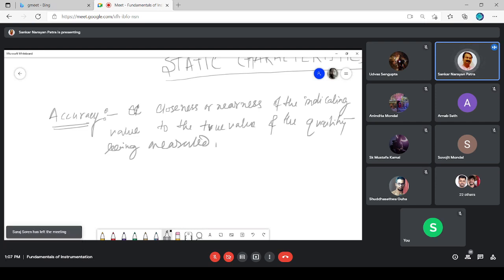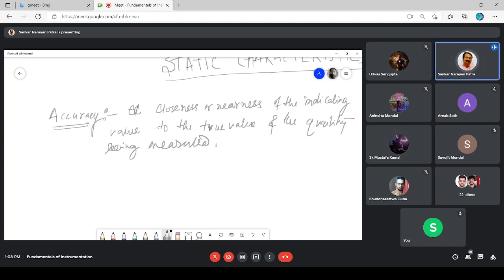Any confusion in this definition? No, sir. So somebody read it out loudly. Sir, the closeness or nearness of the indicating value to the true value of the quantity being measured.